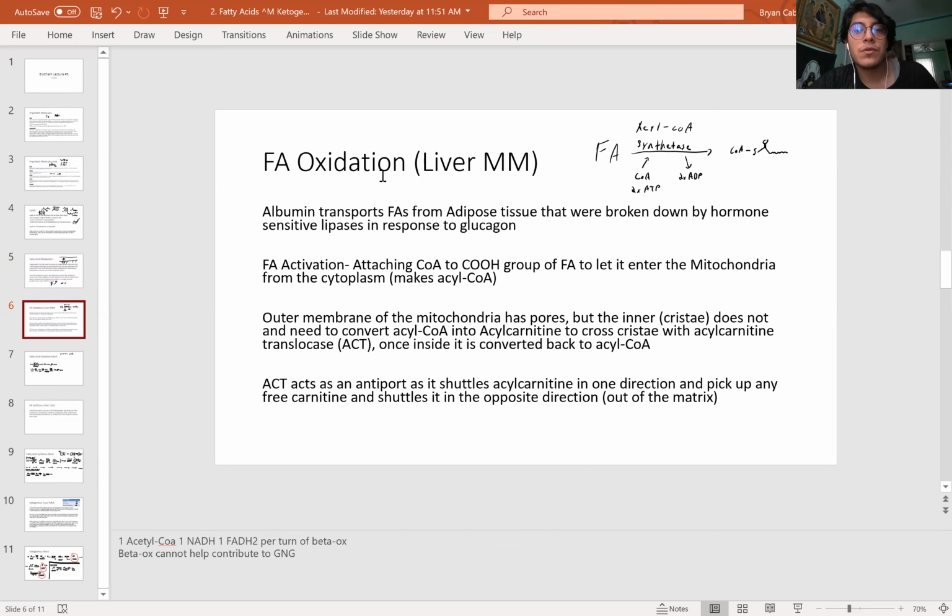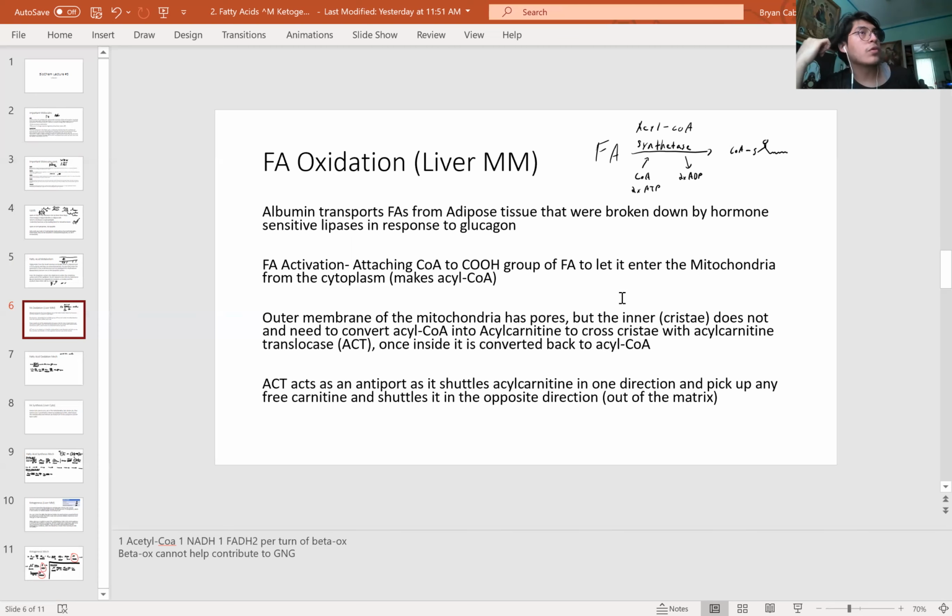All right, so now we're going to go into fatty acid oxidation. Basically, from the blood, the albumin is going to be transporting the fatty acids from the adipose tissue to where they're broken down in the liver. Things like glucagon are going to want the breakage of the stored molecules such as glycogen or fats.